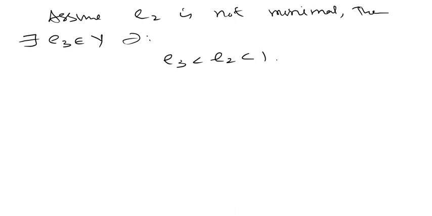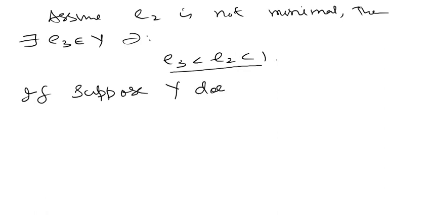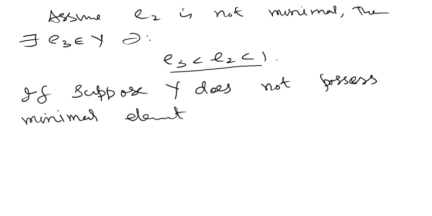So by continuing this process, if suppose Y does not possess a minimal element, this cannot terminate, because Y is finite. So suppose Y does not possess a minimal element, then there is an infinite chain.